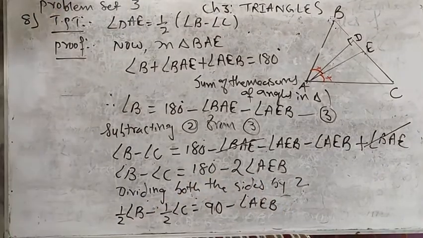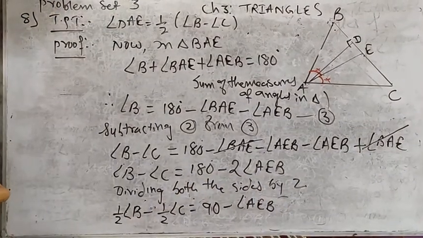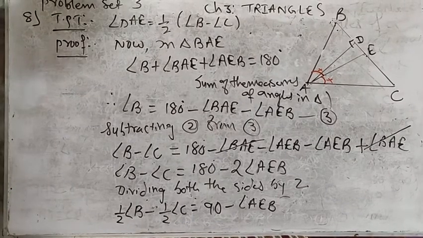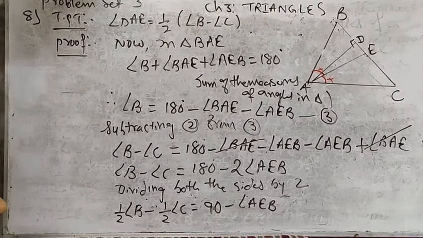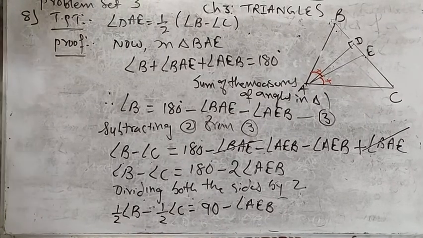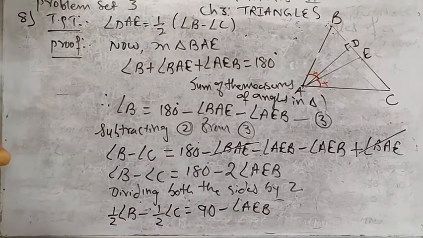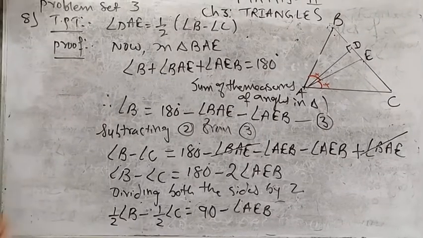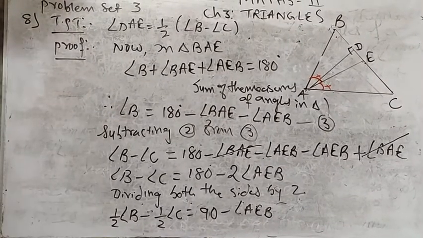You will get like this. Half angle B minus half angle C is equal to 90 minus angle AEB. Please copy it down till here.